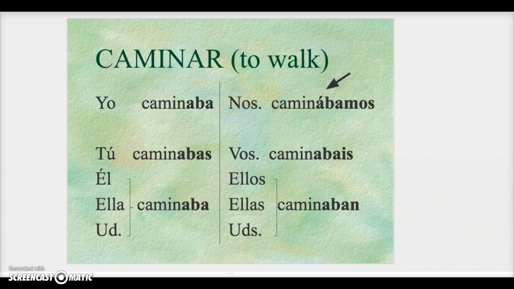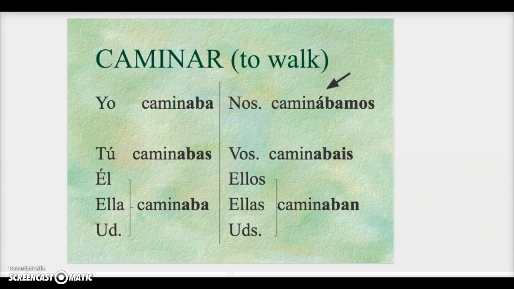Now, do not copy down what I wrote where I have nos dot and vos dot. I only wrote short forms because I had no space to put the whole word. Please make sure if you're copying this down that you actually write out nosotros and vosotros, okay? Because those are not actual abbreviations for those words.